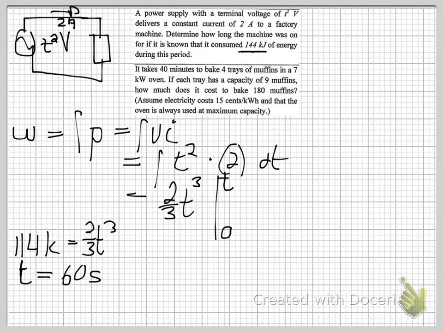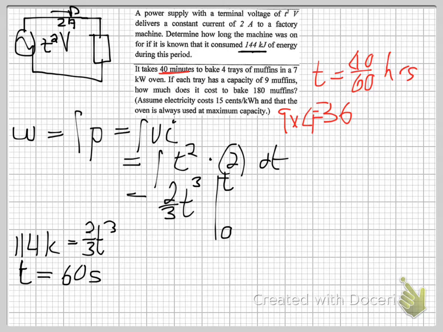To determine the kilowatt hours, you must first change your time from minutes to hours. So the time is 40/60 hours. You have 4 trays which have 9 muffins each, so you can make 36 muffins at a time, which is just 9 by 4.